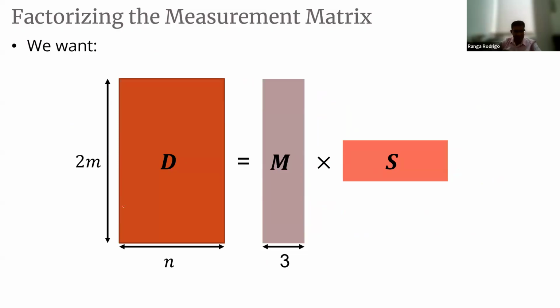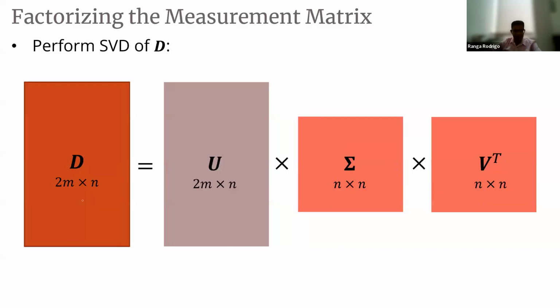Then pictorially, this is a 2m by n matrix that must have been composed of a matrix of 3 columns and 3 rows. So we use the so-called singular value decomposition, available in NumPy also. U will be a 2m by 2m matrix. V transpose will be an n by n matrix.